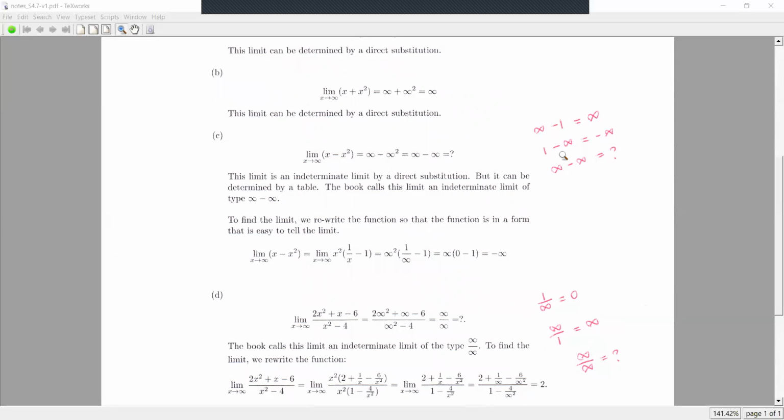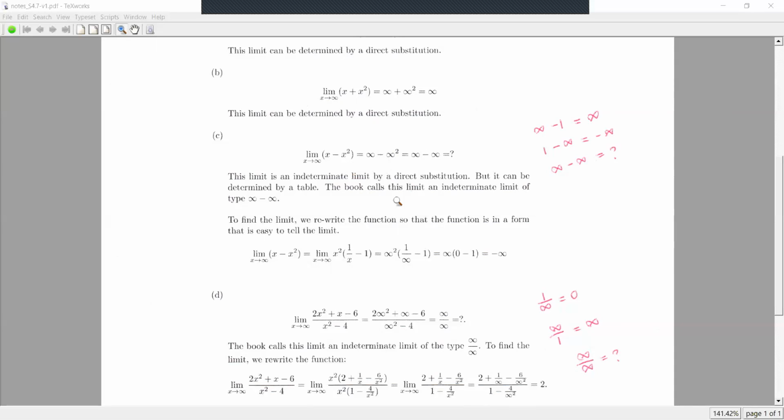A finite number minus infinity is also easy to tell: it is negative infinity. But infinity minus infinity is difficult to tell. So for this limit, direct substitution doesn't work. So we say that this is a difficult limit.